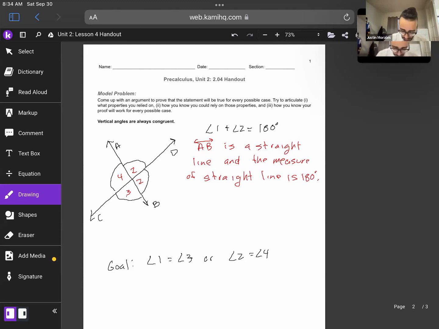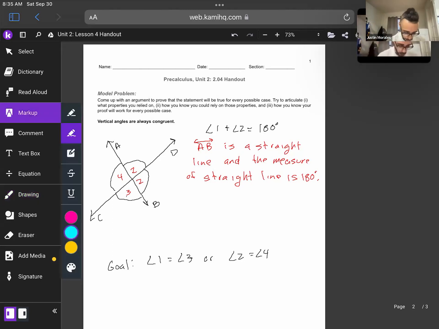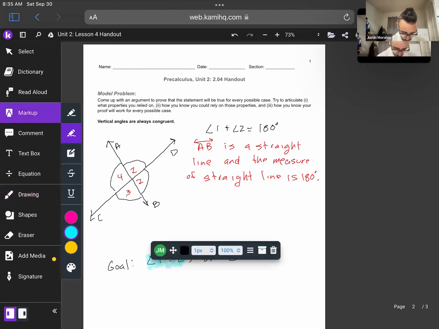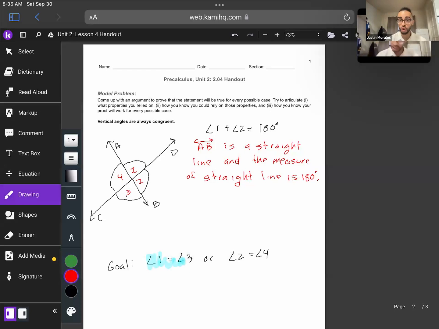So then, I could also say the same about angles 2 and 3. The reason why I'm going to use angles 2 and 3 and not angles 1 and 4 is because I'm going to try to start comparing angle 1 to angle 3. That's the route I'm going to go, so I'm going to get angle 3 involved in our proof.